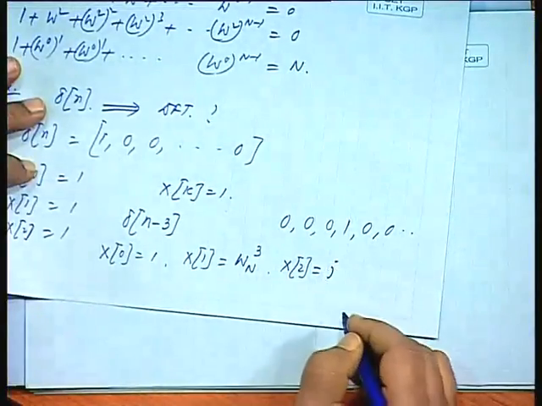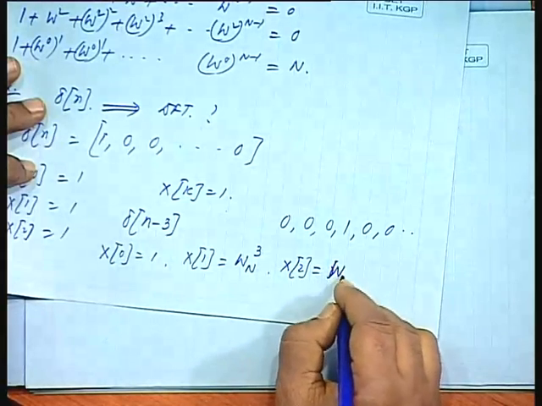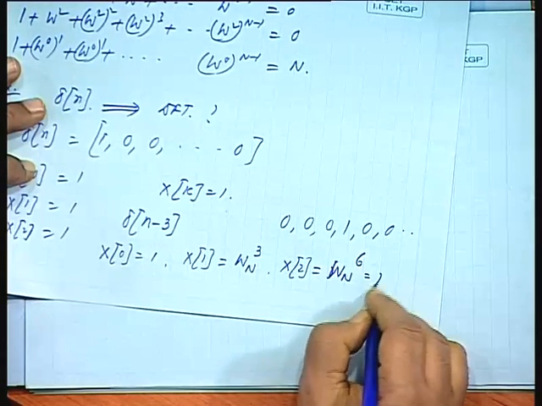2 times 135 degrees, so 270 degrees. So, minus 270 degrees, mind you, minus 270 is plus 90 degrees, so that will be plus j. Okay, I will write W_N^6, that is nothing but plus j.